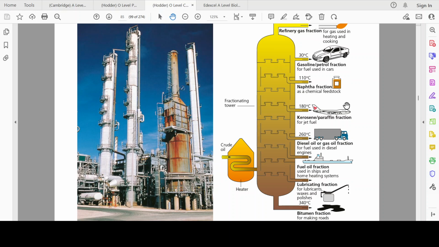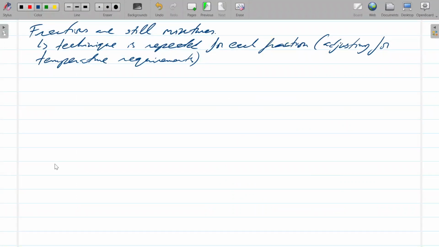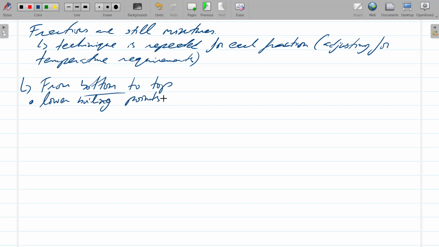Okay. One trend to notice with all of this is, let me just go back to the whiteboard, that as you move up the fractionating column from the bottom to the top, you have lower boiling points, as we just saw, and higher volatility.